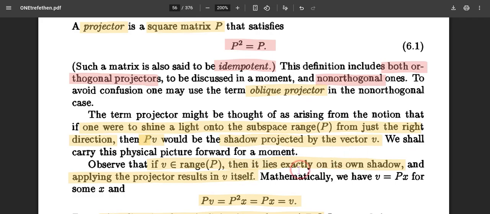This intuition will become clearer. For example, v is in the range of P, which means it can be expanded by the columns of P. If v is in the range of P, and we make a projection with the light, applying the projector, then the shadow results in v itself.